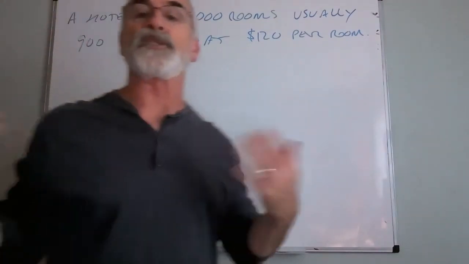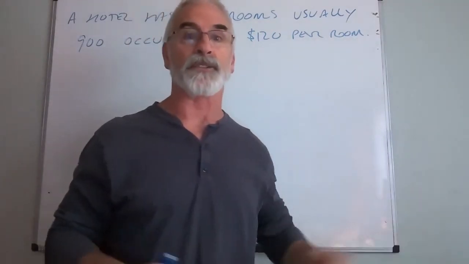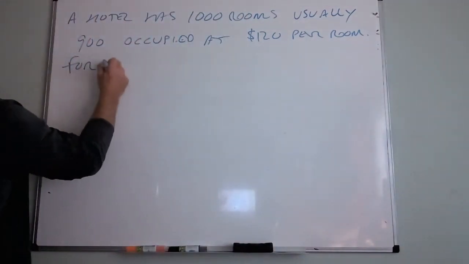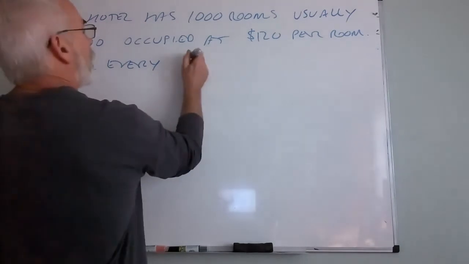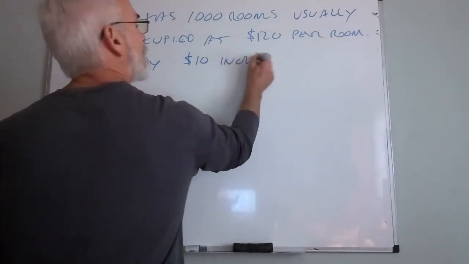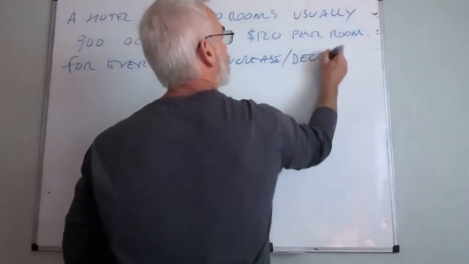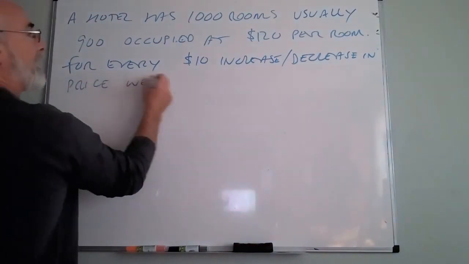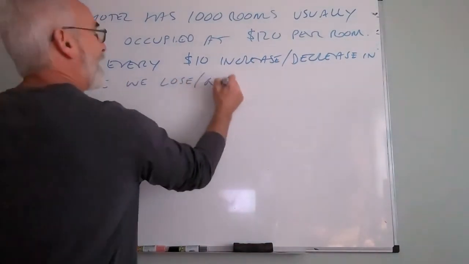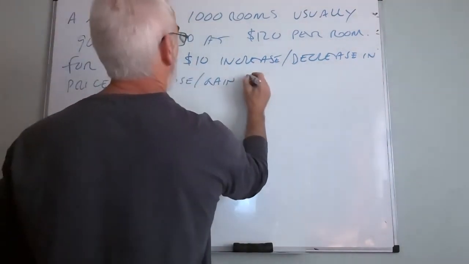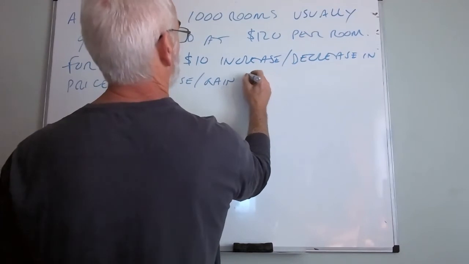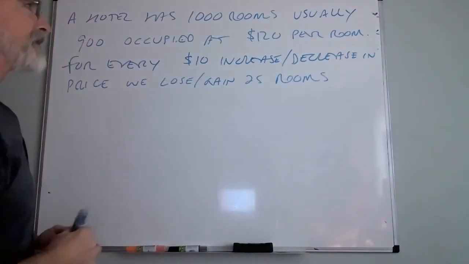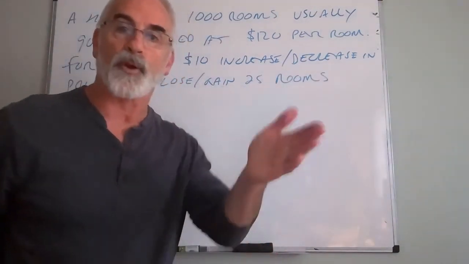And we have found through experience, let's say, because we've done this before and we've actually interviewed our patrons, that for every $10 increase or decrease in price, we lose or gain, let's say 25 rooms. Now, what that means is if I raise the price $10 per room, I'm going to lose 25 rooms.